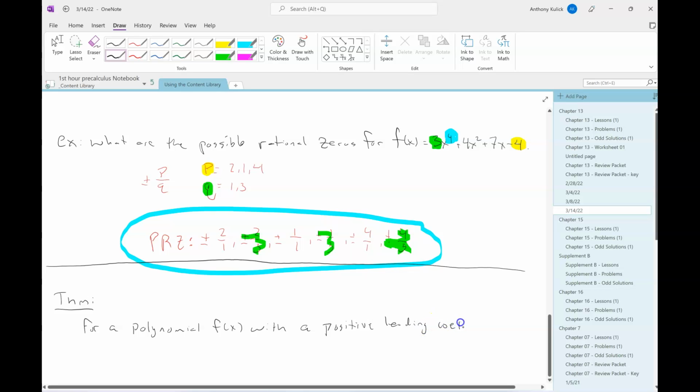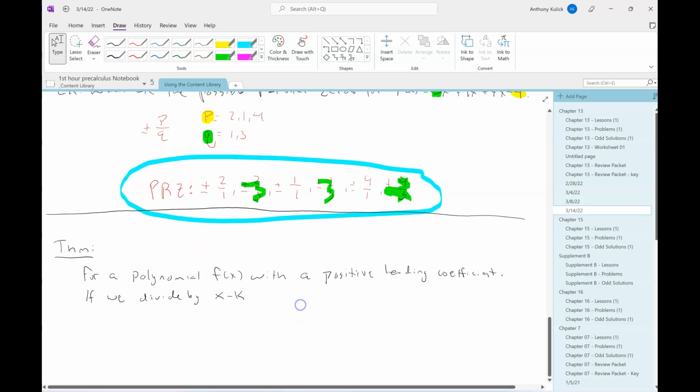So for a polynomial f of x with leading coefficient, if we divide by x minus k, we get two possibilities.